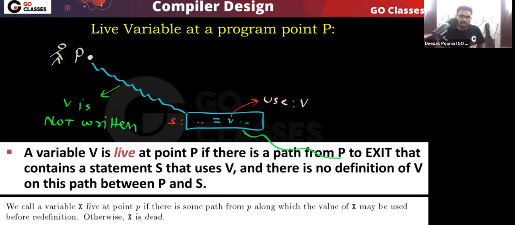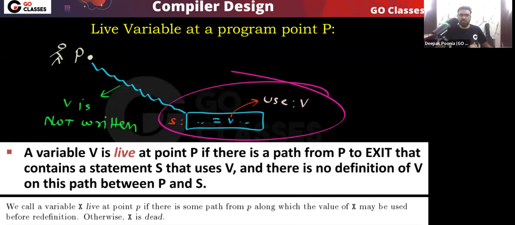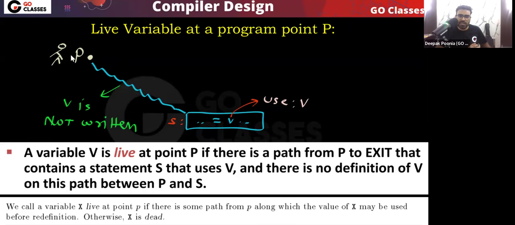Afterwards v might be written, but the point is that starting from P, there must be at least one path where v is used before it is written. Or I can say that starting from P, there must be some path on which we find some statement S where v is used, and between P and S, the variable v is not written.